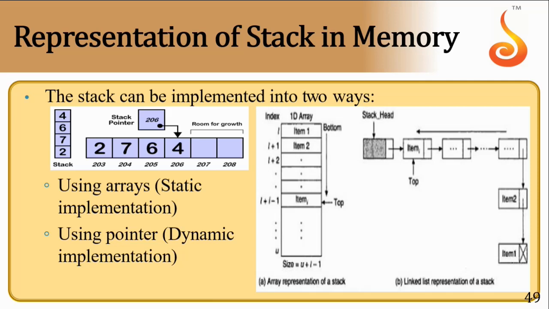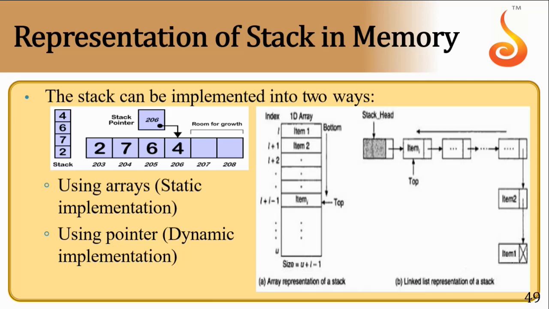whereas dynamic implementation is nothing but the memory allocated during the execution of a program. So that is dynamic implementation, and you can see a linked list over here wherein each one is logically connected next to one another, whereas in an array the elements are physically stored next to one another. That is, it is continuous memory blocks wherein the elements would be stored in an array, whereas in a linked list it need not be.